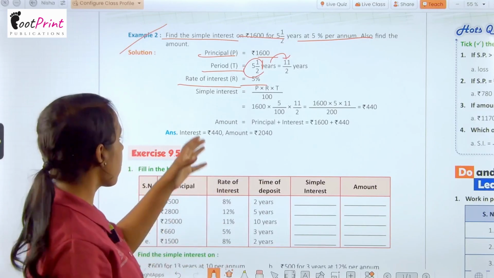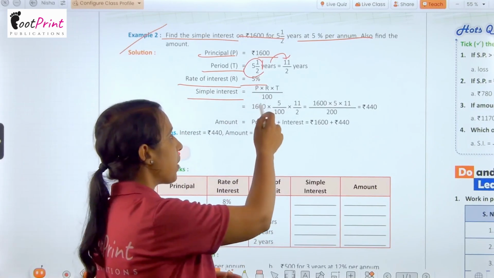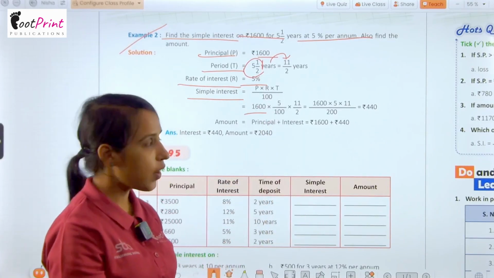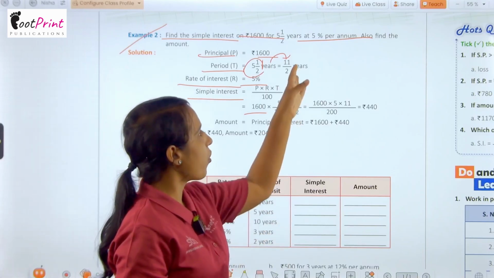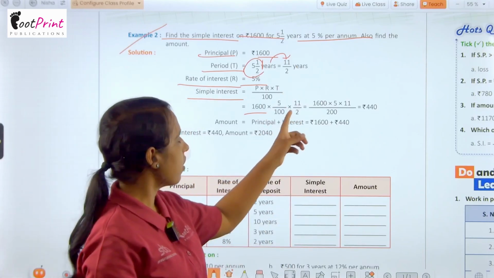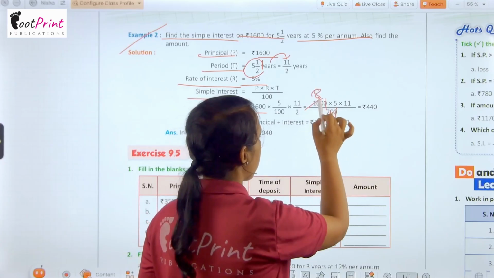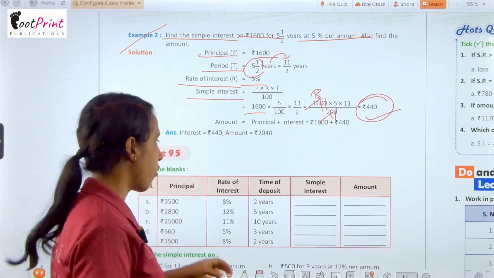We know the formula to find simple interest is P into R into T upon 100. So P is 1600, R is 5 upon 100 and T is 11 upon 2. After doing this, we get 2 8s are 16, 8 5s are 40, 40 into 11 is 440 rupees.